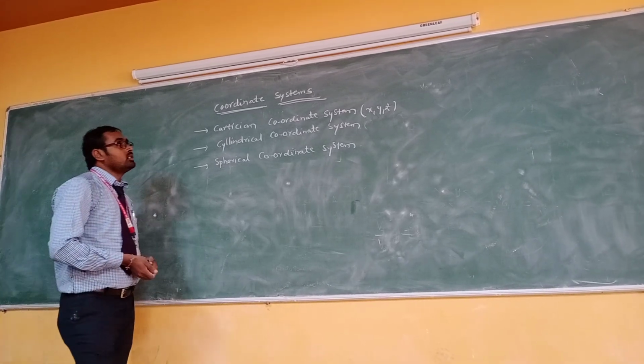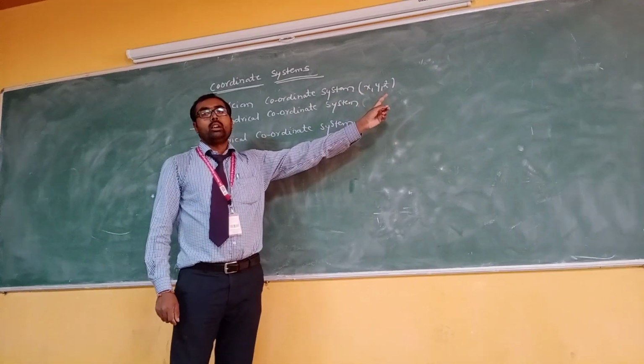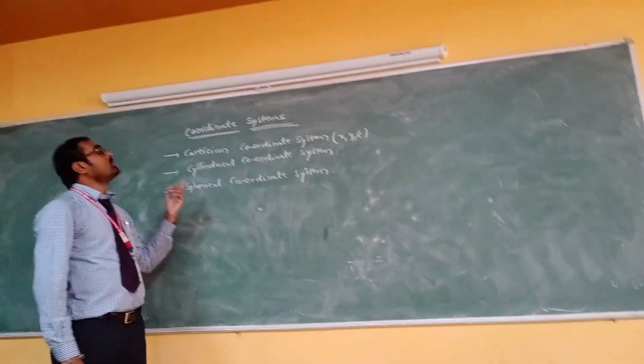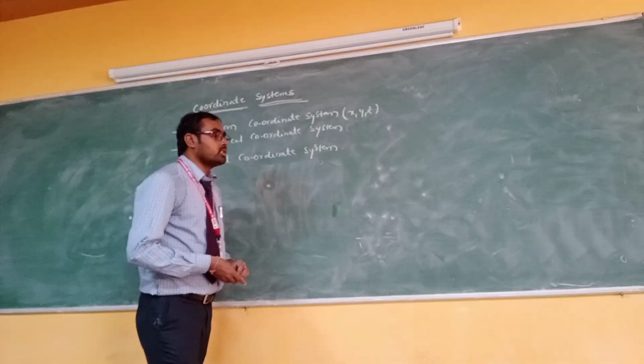Here the Cartesian coordinate system coordinates are x, y, z, and we can also call this Cartesian coordinate system a rectangular coordinate system. Why do we call it a rectangular coordinate system?